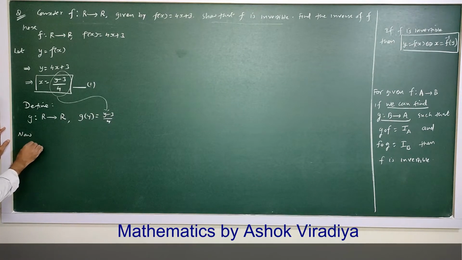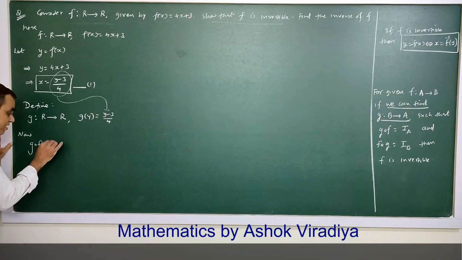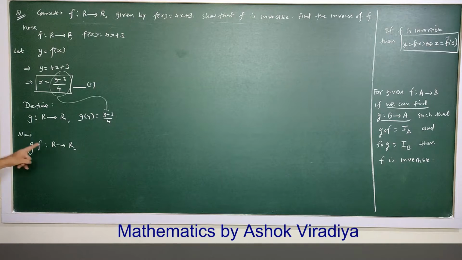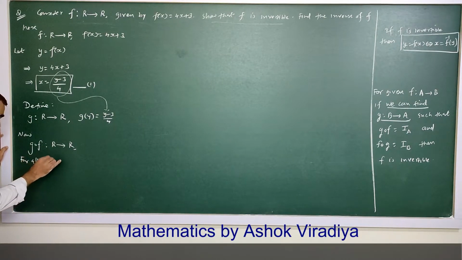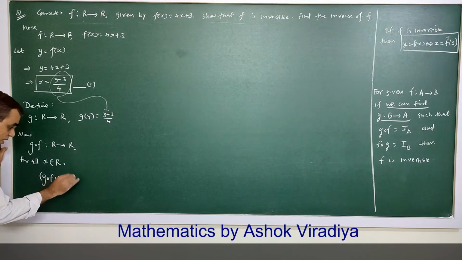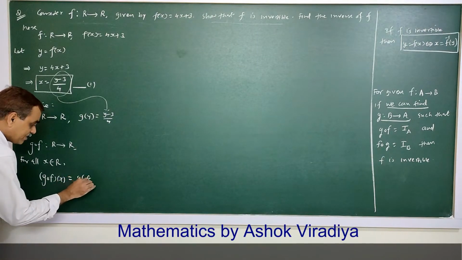First of all, g of f. g is from R to R, f is from R to R, so g of f will also be from R to R. And for all x belonging to R, g of f of x will be equal to g of f(x).